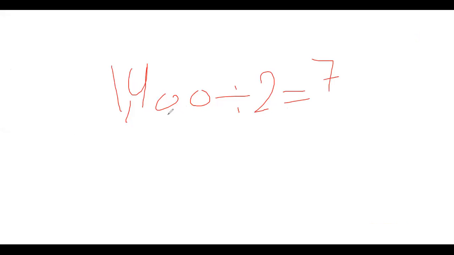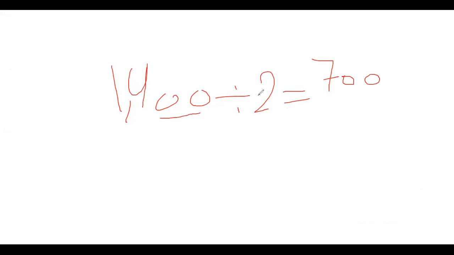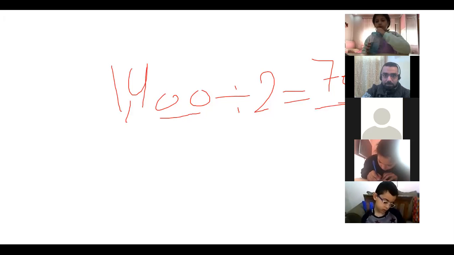Now we have 2 zeros left, so it becomes 700. Yes? Your sound wasn't good. I said 14 divided by 2 equals 7. Then put the 2 zeros, so it's 700. Yeah, thank you. You understand this now?